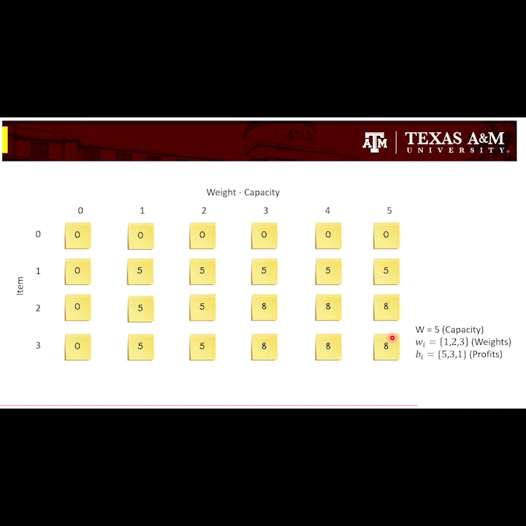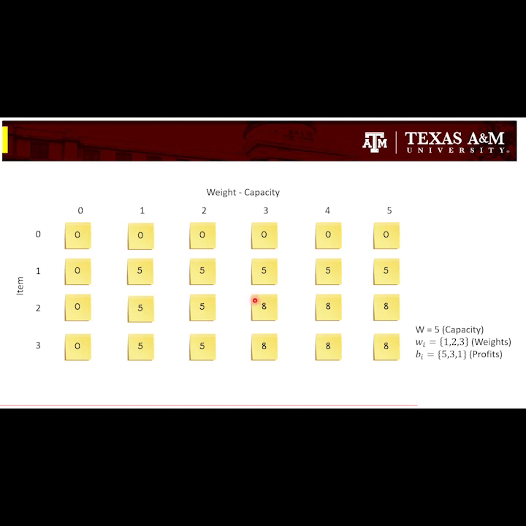And then we can backtrack through this table to find which items need to be in the knapsack to give us that result. And so if we take item 3 out, well, we see that item 3 never gave us any benefit, so therefore item 3 was not in the knapsack.